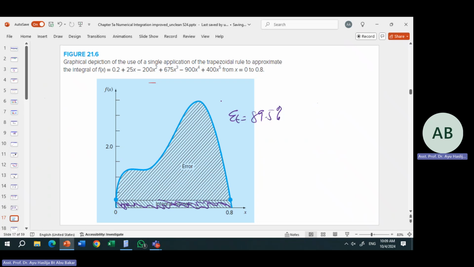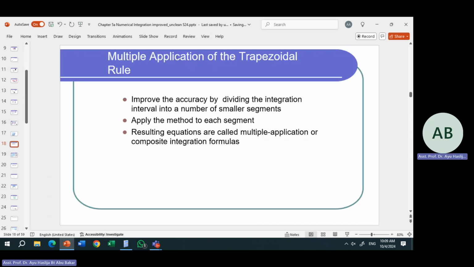That's why you can see the error is very big. That's the purpose of using higher order, more points. Okay, next we move to multiple application to improve the accuracy.